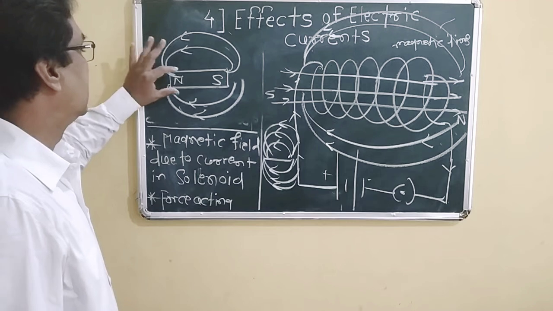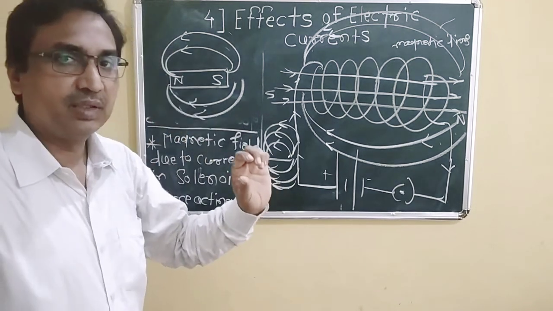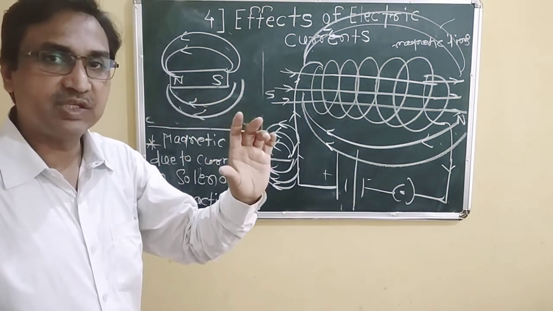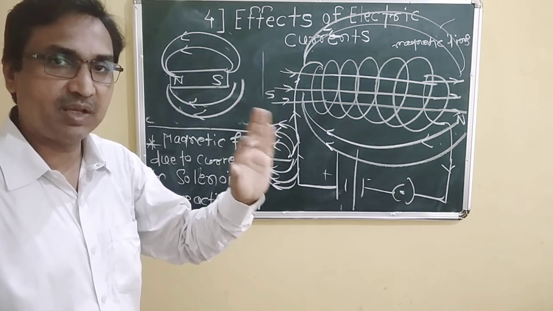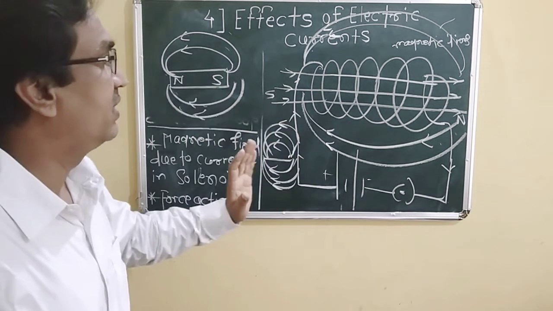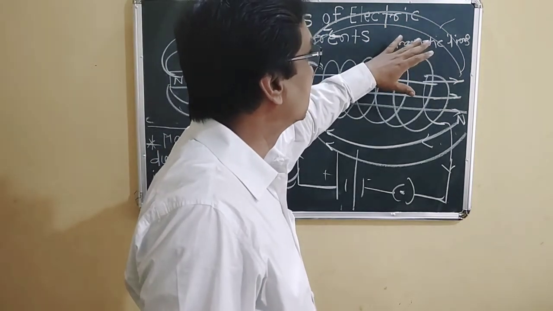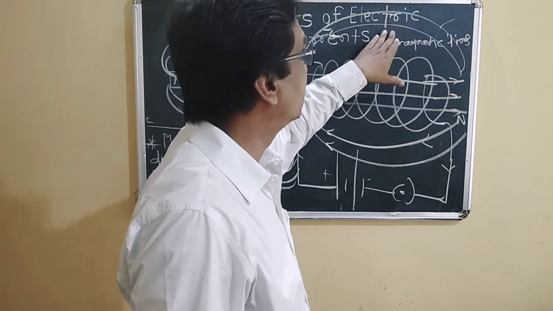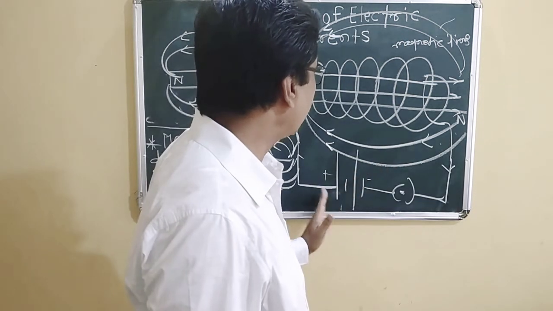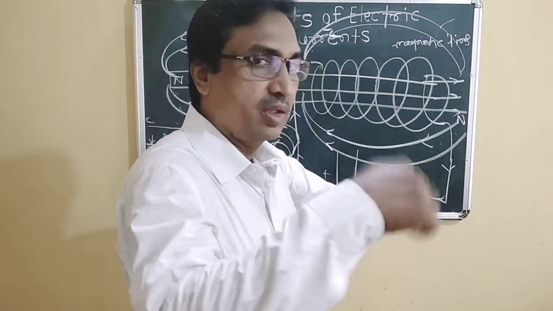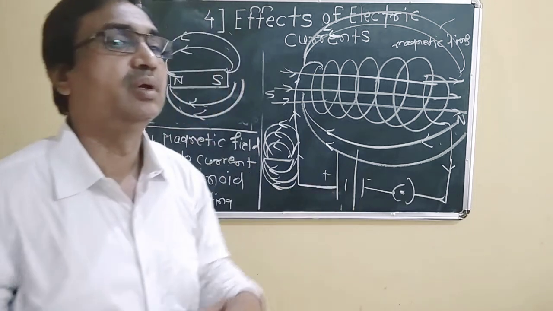So in a bar magnet, the lines of force are aligned in a similar fashion, and in a similar way we can find the number of lines produced when current is passing through the conductor.